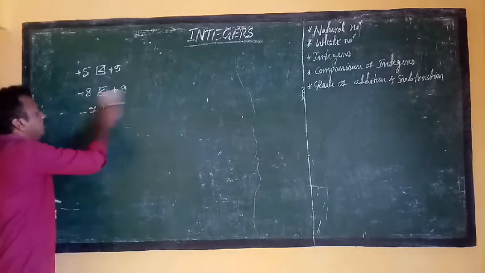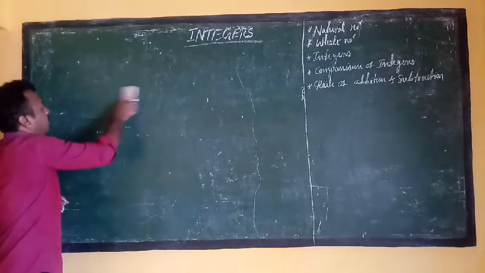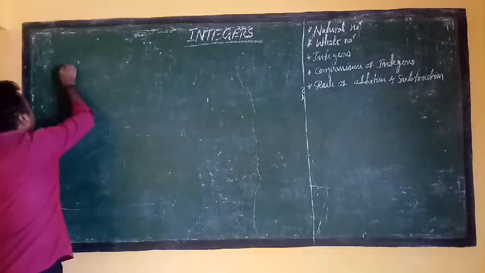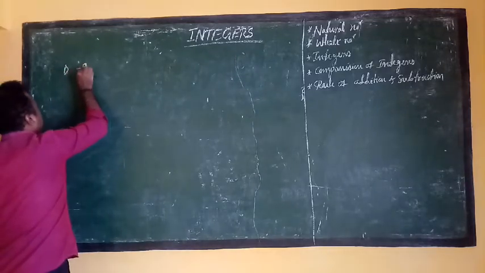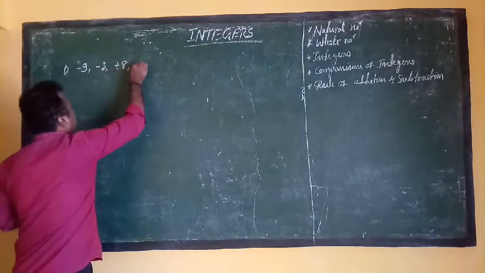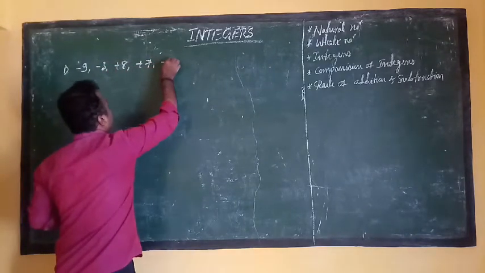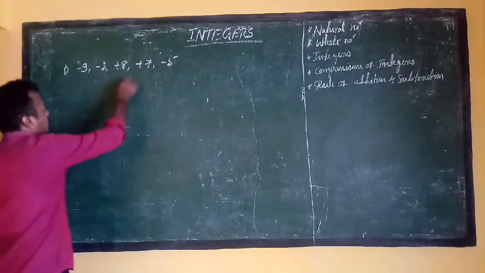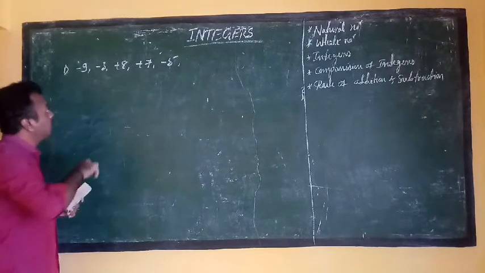So next, I will take another example. See, minus 8, minus 9, minus 3, plus 8, plus 7 and minus 5 is there. So this is a sequence of integers. There are many integers.